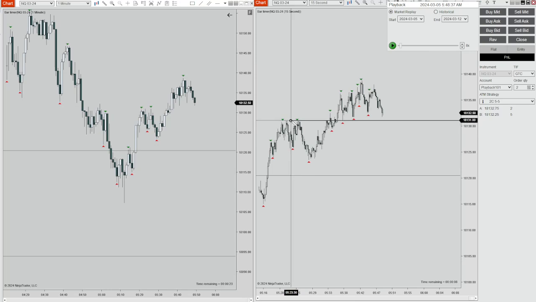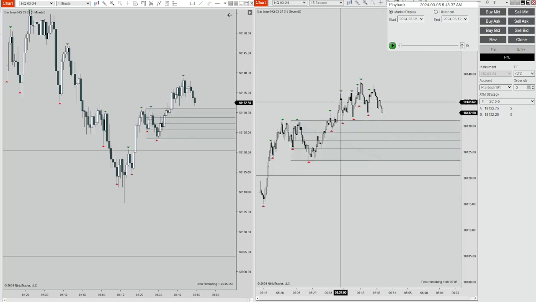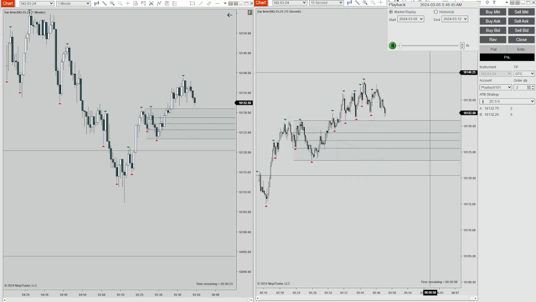We have a zone here. I want to see it come into this zone. We have this little thing, but I want to see these three swept. This might be enough right here, but I would prefer we go back into the zone here.